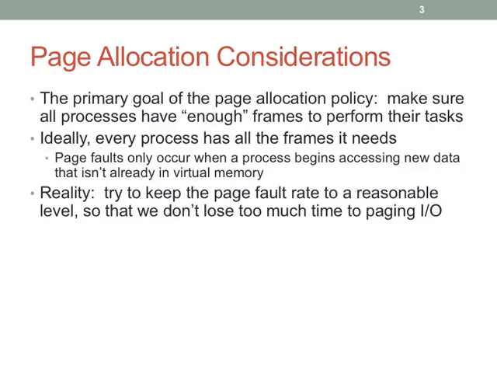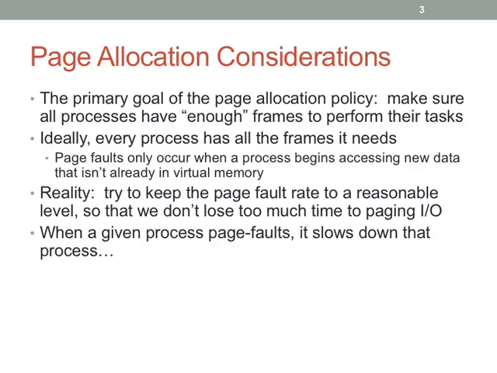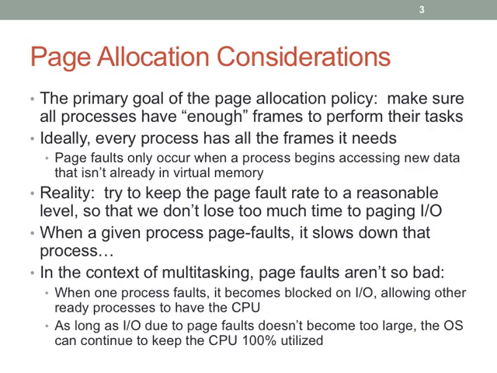The interesting detail is that when a process page faults, it slows down that specific process. Obviously, the OS does some work as well in page fault handling, but it's not work that is solving user problems. But the nice thing is that when we have multitasking, even if you had CPU-intensive processes with large CPU bursts and basically no I/O bursts, as long as they keep faulting, they'll have some I/O in there, and so we'll be able to context switch to another process and let it run for a while.